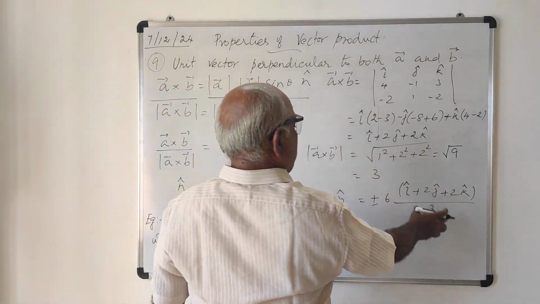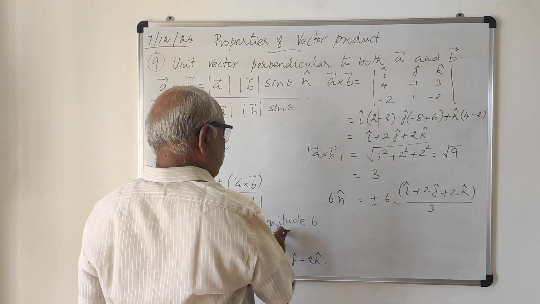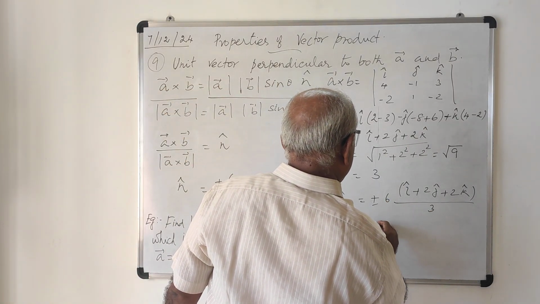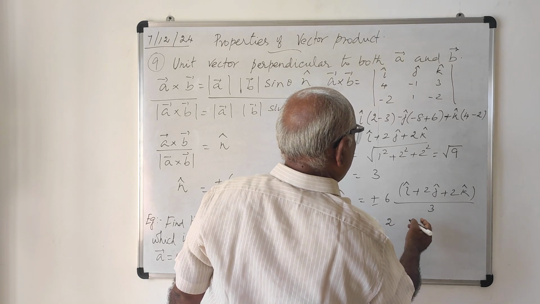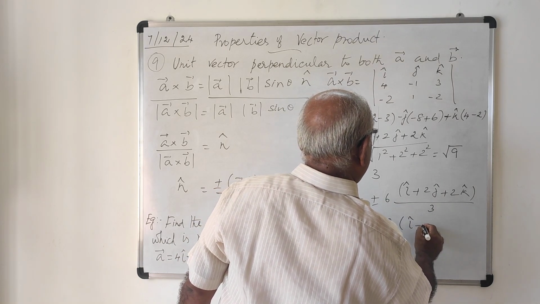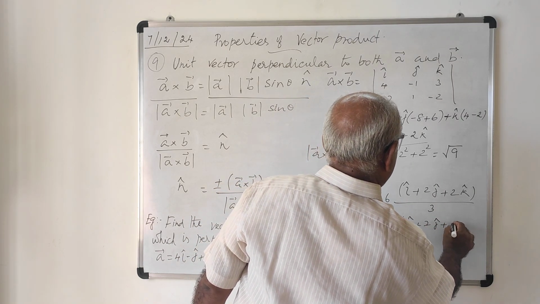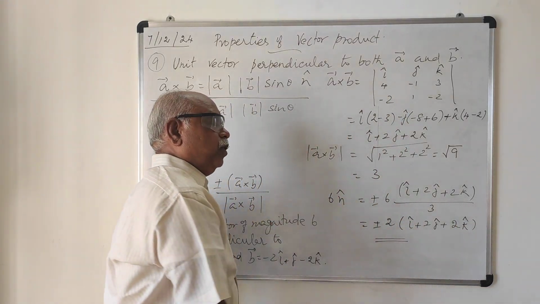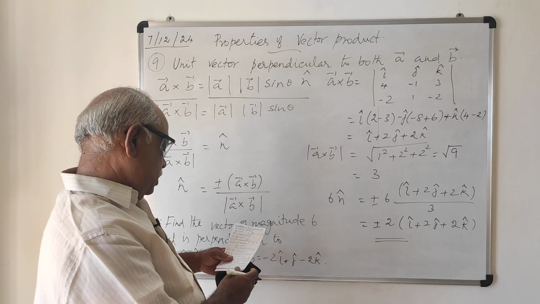Since we want a vector of magnitude 6, 6n cap is 6 divided by 3, which is 2. So plus or minus 2 into (minus i plus 2j plus 2k). This is our required vector perpendicular to both A and B of magnitude 6.